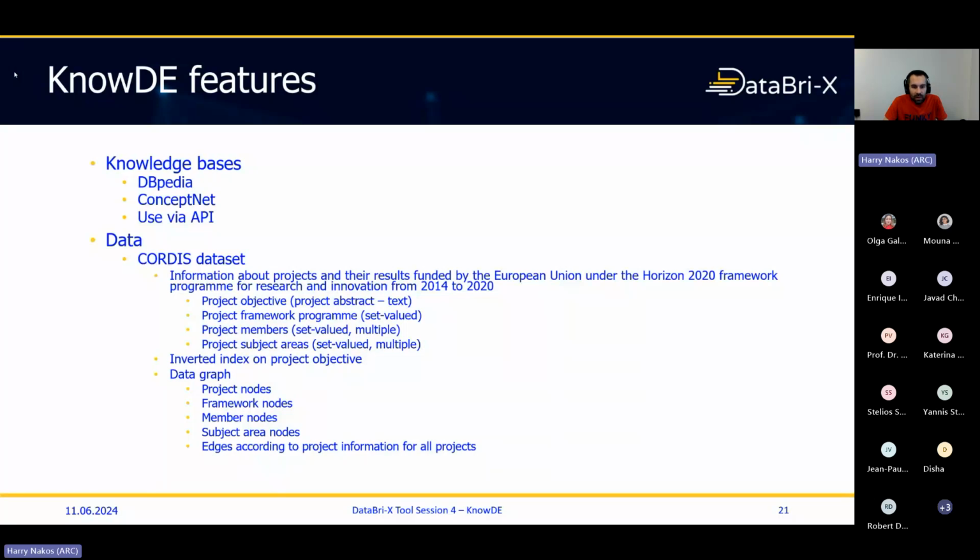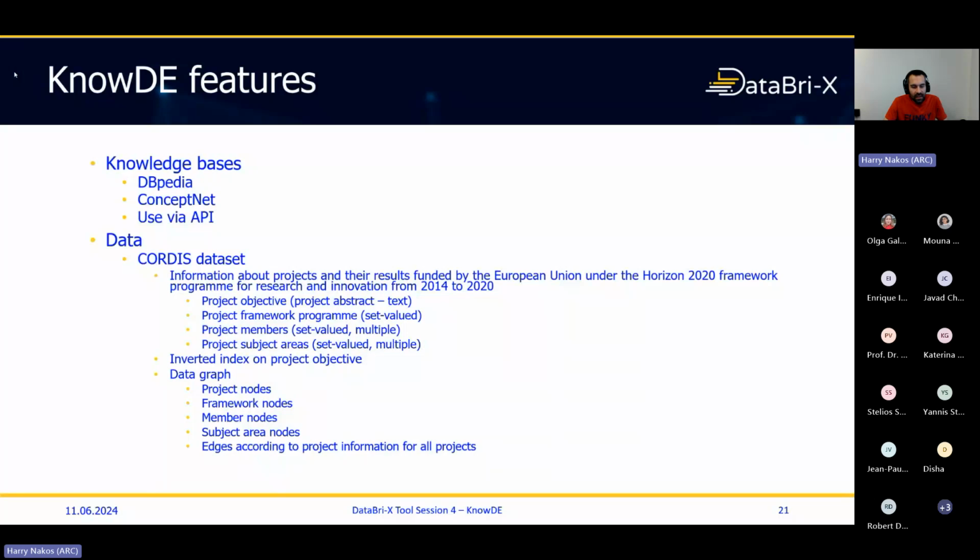The project framework program, which is set valued, takes specific values from an array of values. The project members as well is set valued, where each project has multiple members. And the subject areas of each project is set value attribute, and also multiple values can be used.